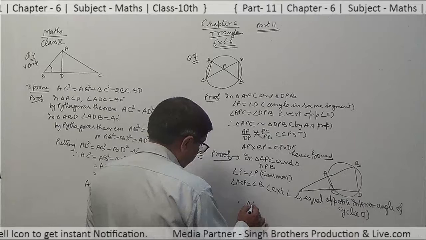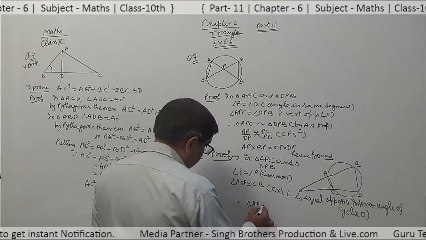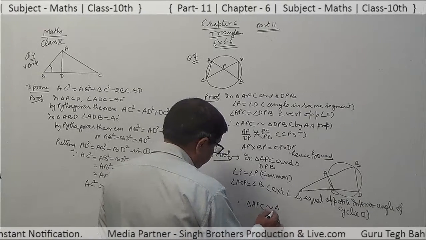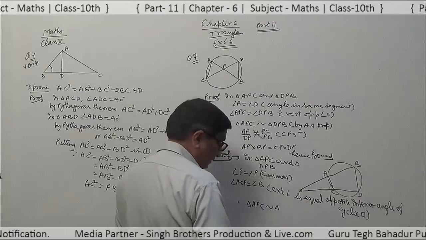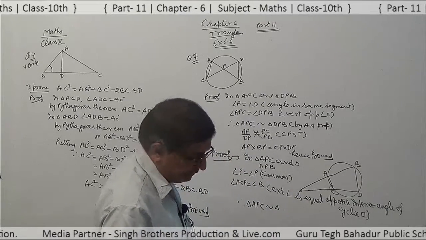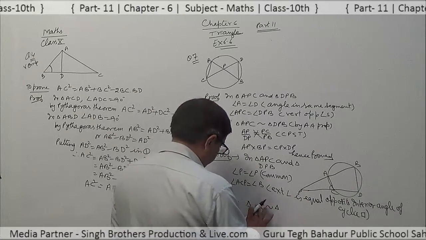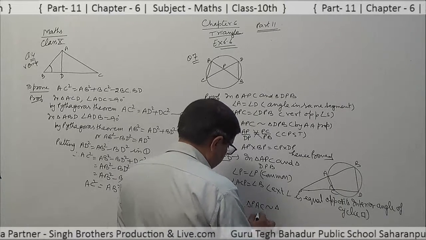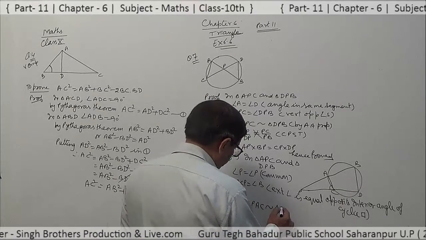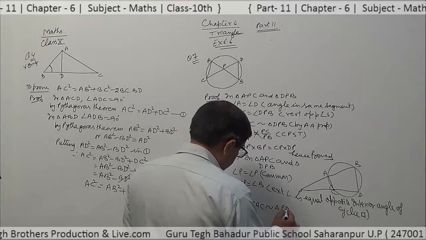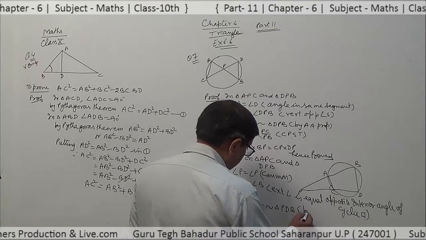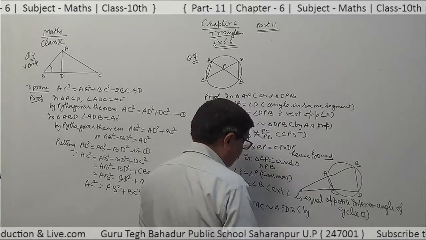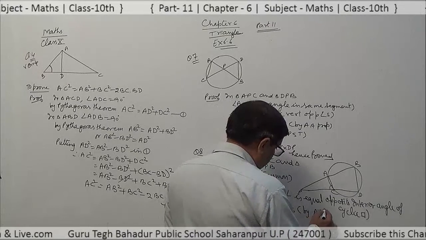Therefore, triangle APC similar to, or you can write PAC similar to PDB by AA property.